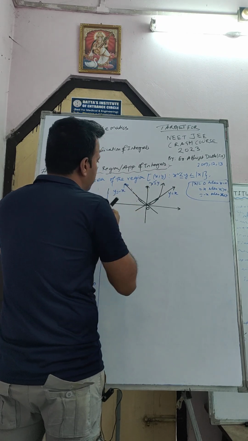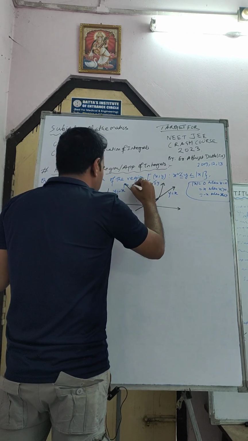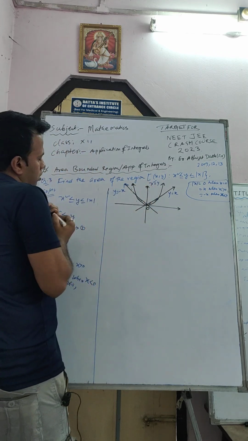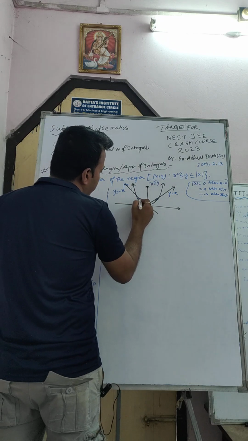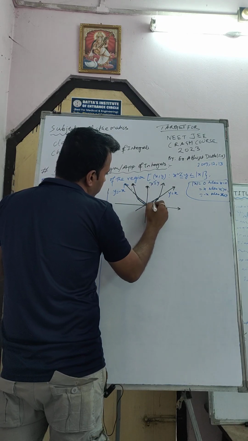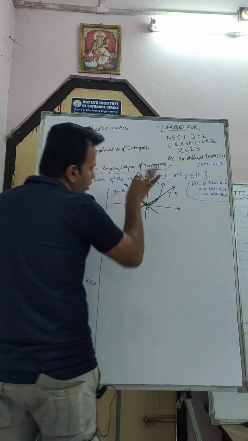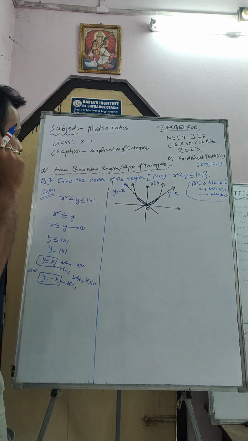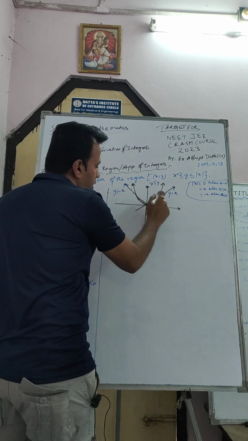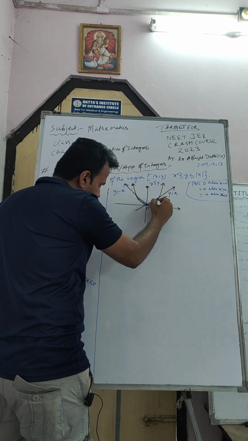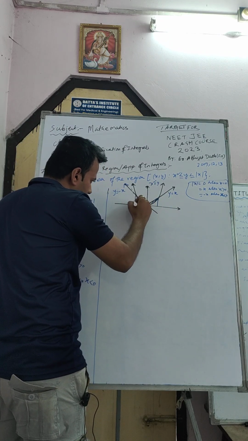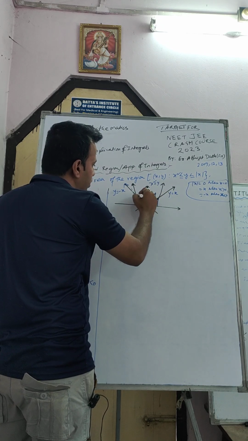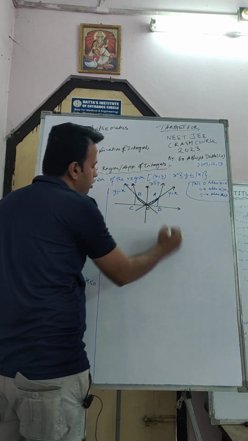We have to find out the enclosed area by the curves according to the question. To find this area, I have to draw a perpendicular here and a perpendicular here. Now suppose this is A and this is B, this will be C and this will be D.